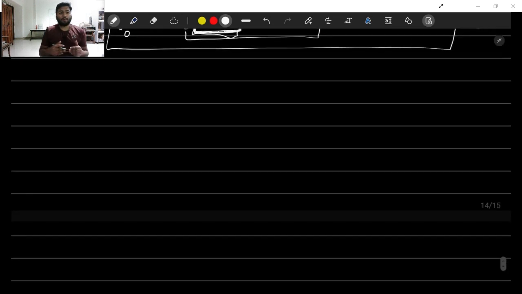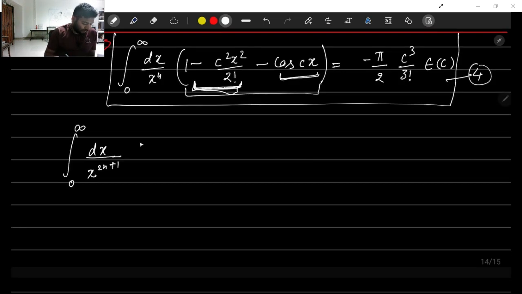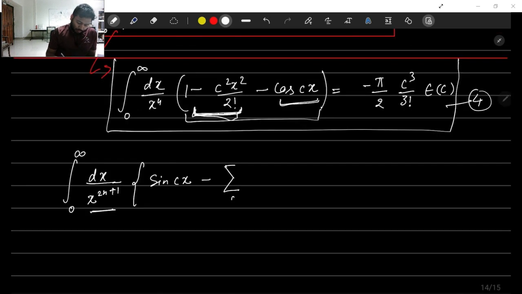So if you keep on doing this integration with respect to that constant parameter, what you are going to see is, from 0 to infinity, this integrand will be like sinc of x minus some few terms of the sine series, from 0 to n minus 1.